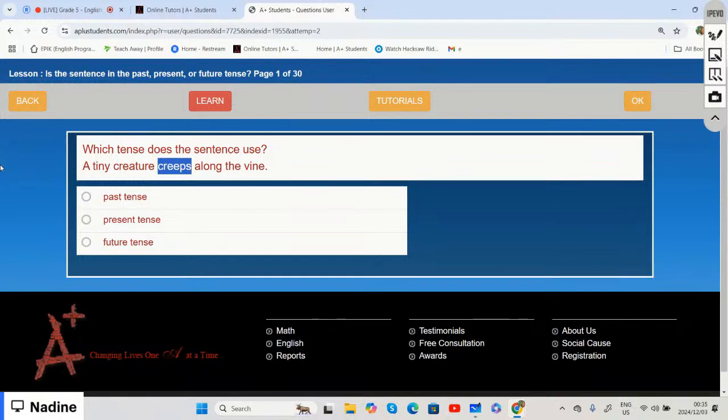And if we were to choose the correct option, so creeps, a tiny creature creeps along the vine. Is that option one, past tense, option two, present tense, or option three, future tense? Which one is correct?